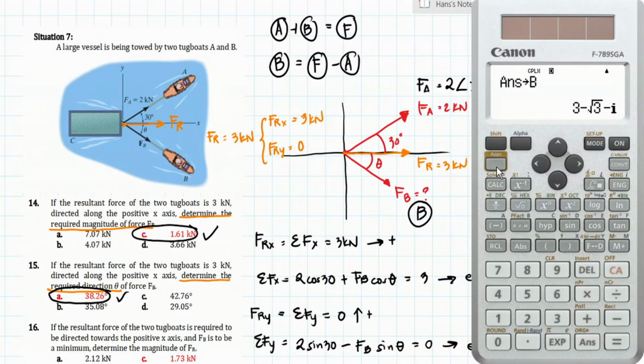And with that, convert na lang natin siya sa R angle theta. Makukuha na natin yung mga magnitude niya saka yung angle niya with respect sa positive x-axis. Okay, so yung first value, 1.614 represents the magnitude of the force FB, which is what?